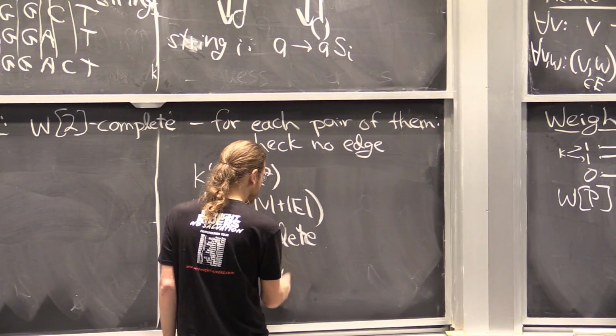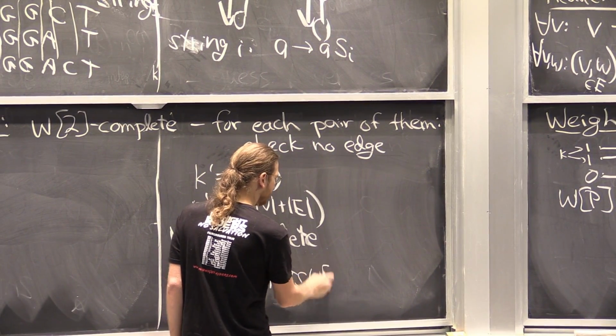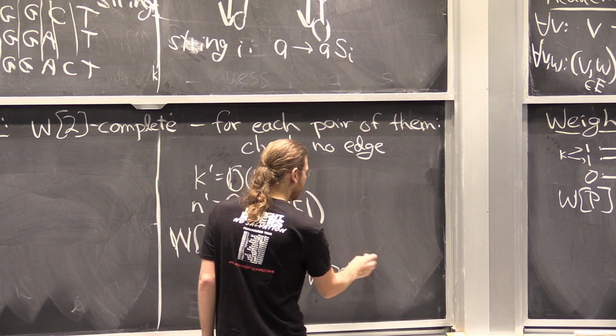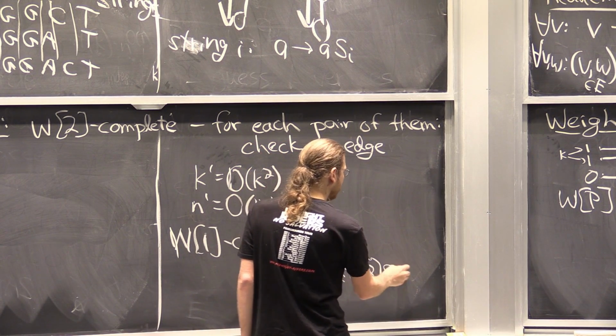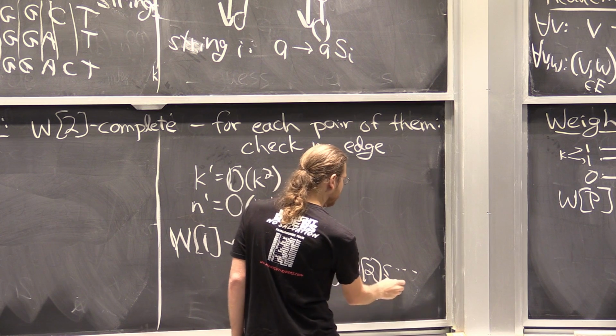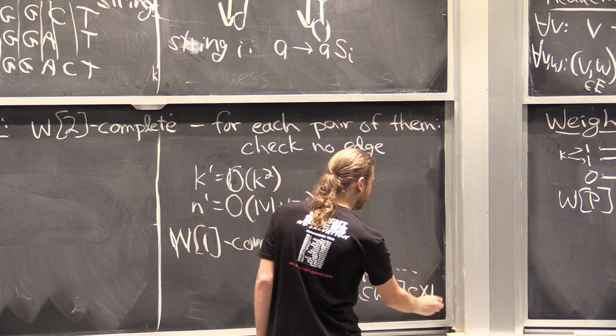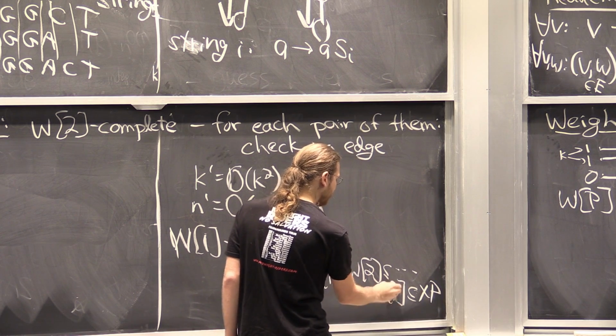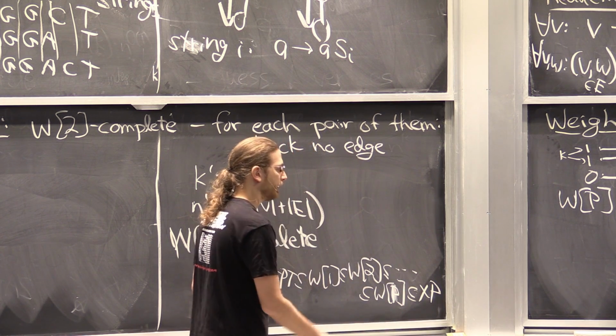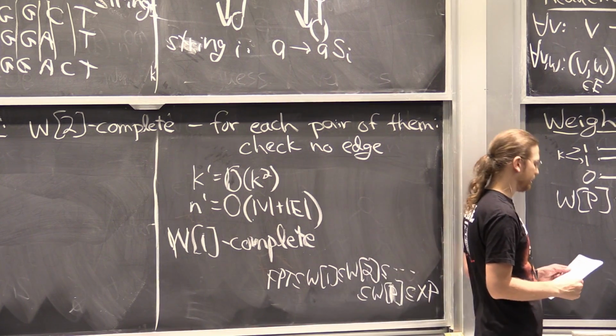So we have FPT. It's contained in W1, it's contained in W2, etc. And then we have WP, and then we have XP. So it's not bigger than everything, not bigger than XP. I won't prove this here, but it is true.